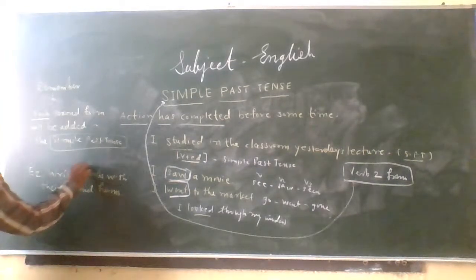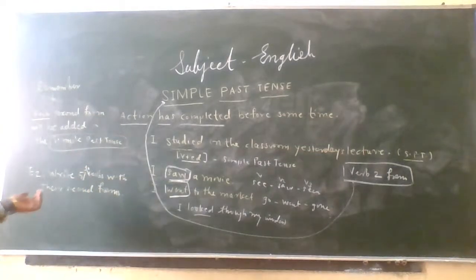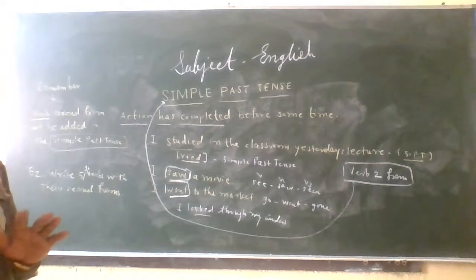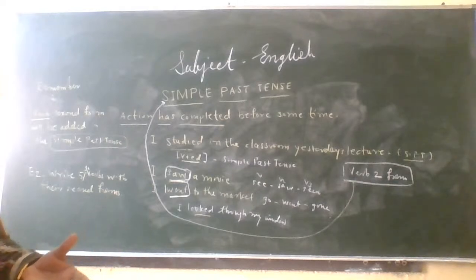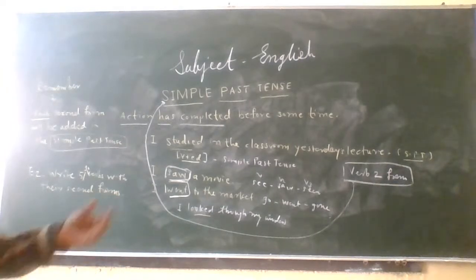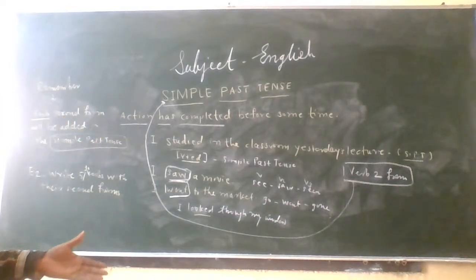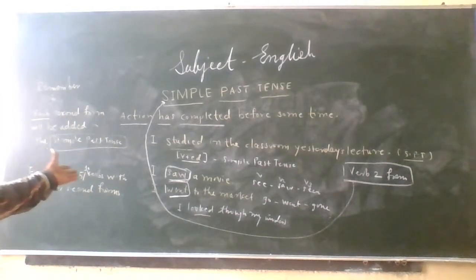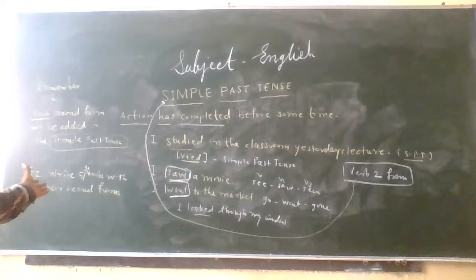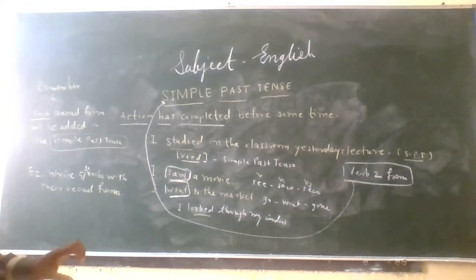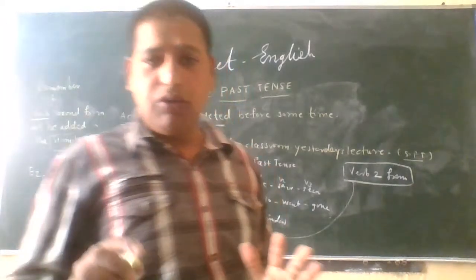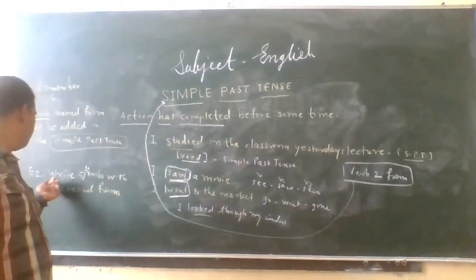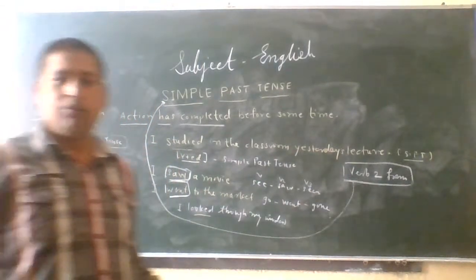So the second exercise is that you have to write properly five to ten words, selecting them from our English textbook. You can open the English textbook and see that so many sentences are there. You can select five or ten words with those verbs, and you have to write them as the second form of verbs.